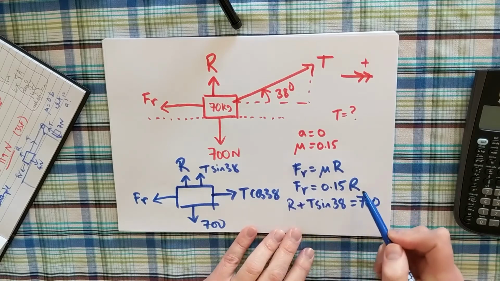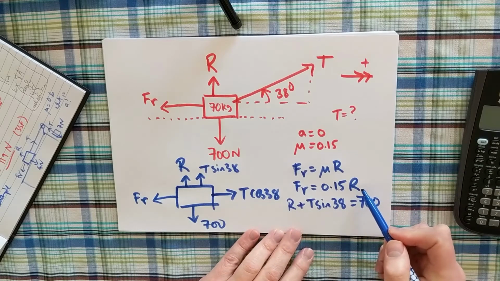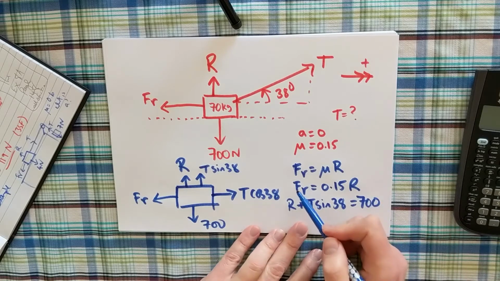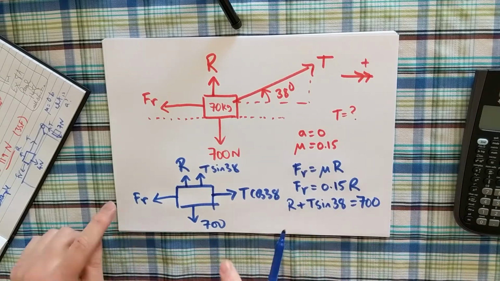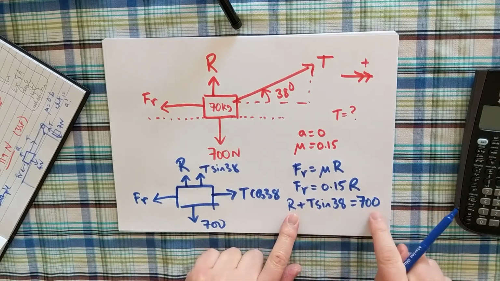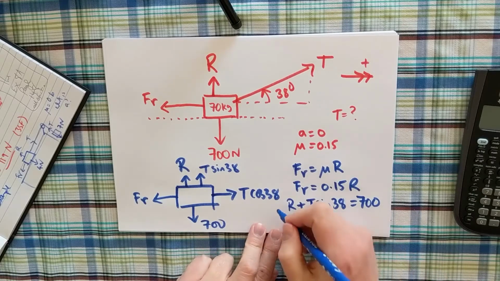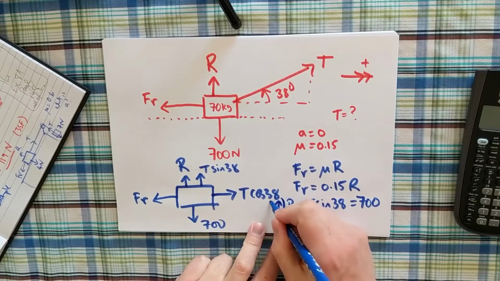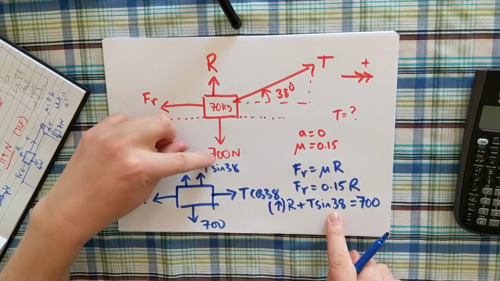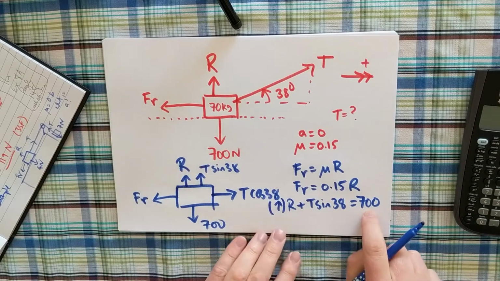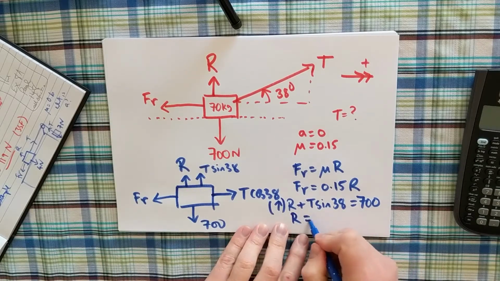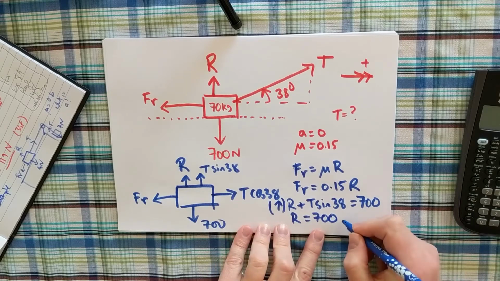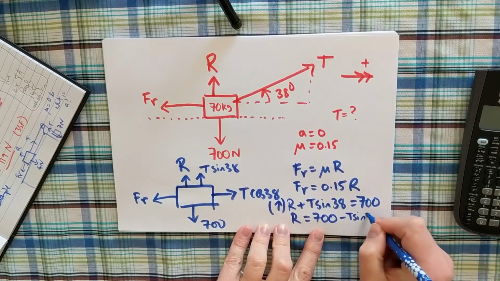And I can take this and I can put it where that R is. So I can form an equation which just involves T and friction, because I can do the same going horizontally. At the moment, I'm just focusing on the stuff going vertically. These are the forces which are going straight up. The R and the T sine 38 is equal to 700. So R is equal to 700 minus T sine 38.